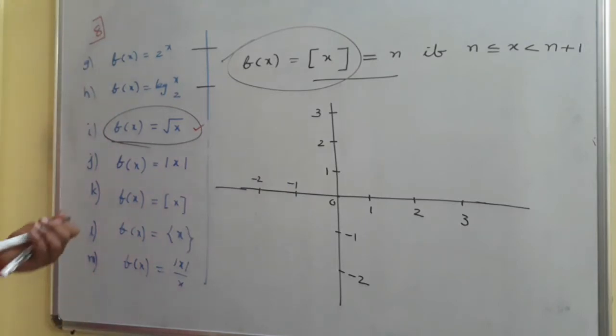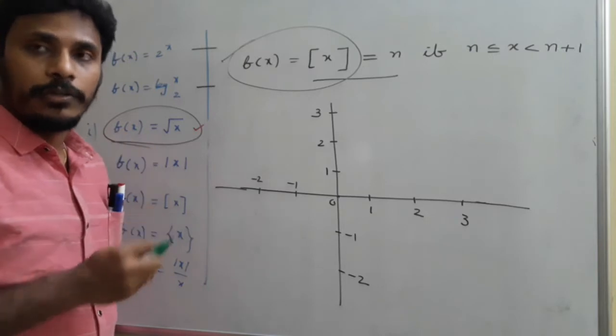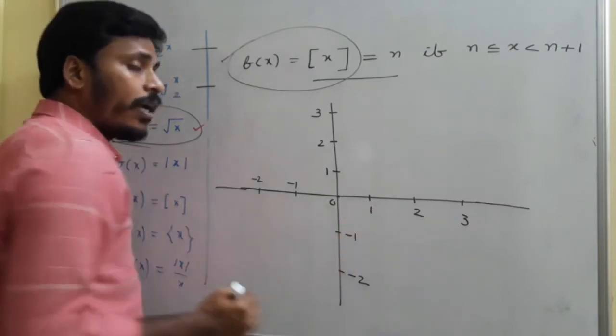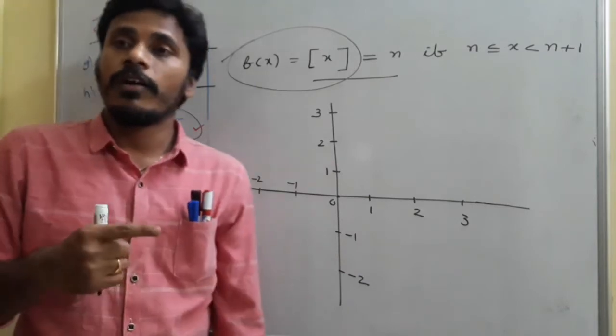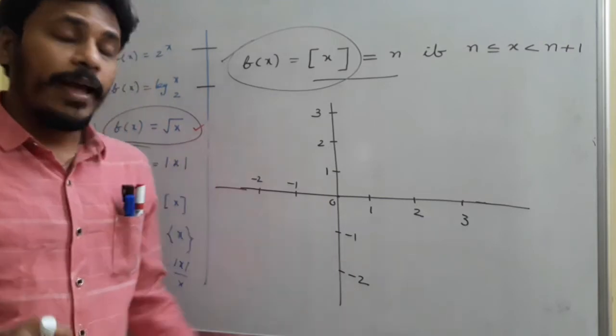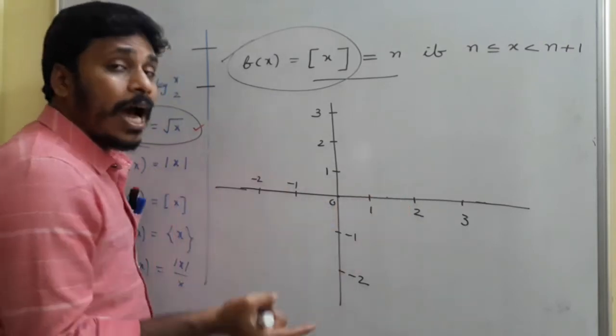Since we are trying to sketch the graph, see, if you take a number which is in between 1 and 2, its step value is 1. For 1.1, step value is 1. For 1.2, step value is 1.